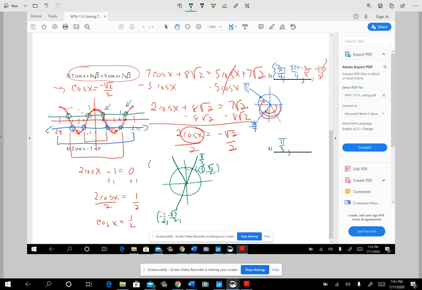So still a problem. That's not going to work. But then here's a fourth angle that still has a reference angle of pi over 3. And it's 1/2, negative square root of 3 over 2. So it is a 1/2 on the x coordinate. And you can see it on the unit circle. That's going to be 5 pi over 3. So that would be one of the answers.